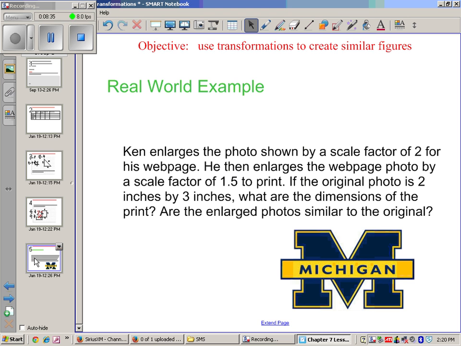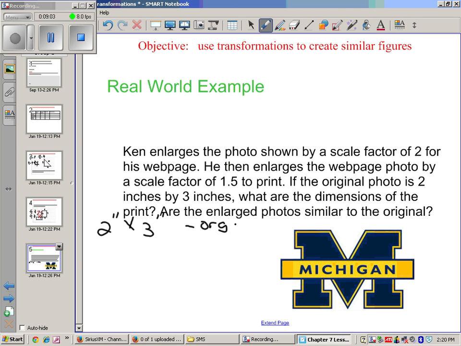Figure that one out. So, what we need to do, first of all, we're going to write down our original. Original photo is 2 inches by 3 inches. 2 by 3. That is the original. So I want to write that down. Now, by scale factor of 2 for his web page, he enlarges it.